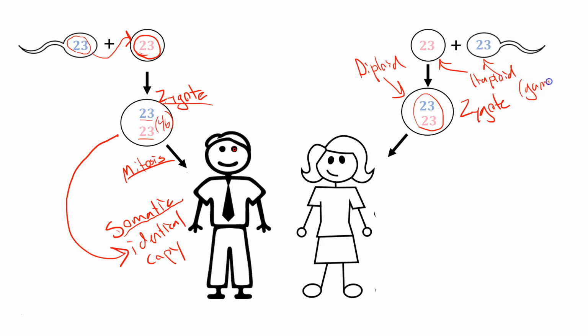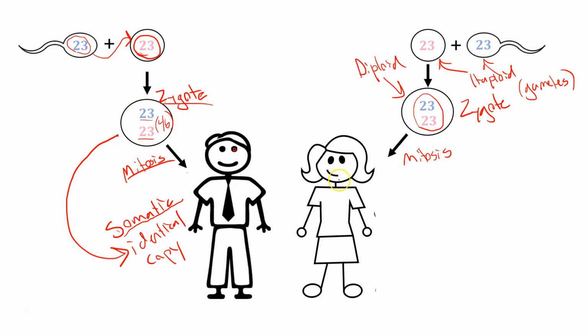So a haploid and a haploid cell, one set each, combine to form a zygote with two sets, and let's say that zygote over many months underwent a whole lot of mitotic divisions, and then finally created this lovely woman that we see here.